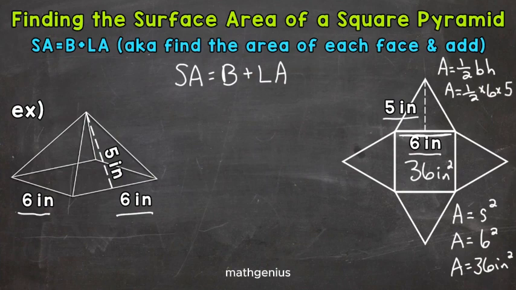So 6 times 5 is 30. So we end up with 1/2 times 30. So the area is 15 square inches for each of our lateral faces. So let's put that in here, 15 square inches for each of these.